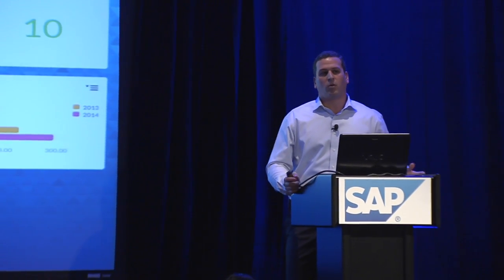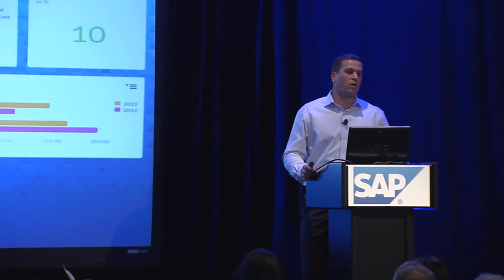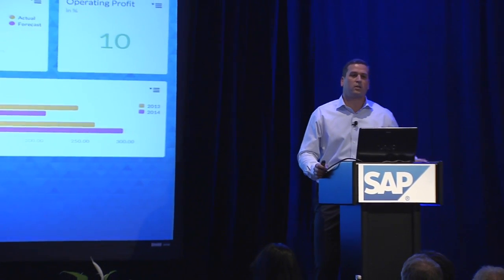So if we'll continue on. All right. So what we'll do, and what we have built here is what we like to call the fulfillment of the cloud company powered by HANA, right? That is what the company set out to do.